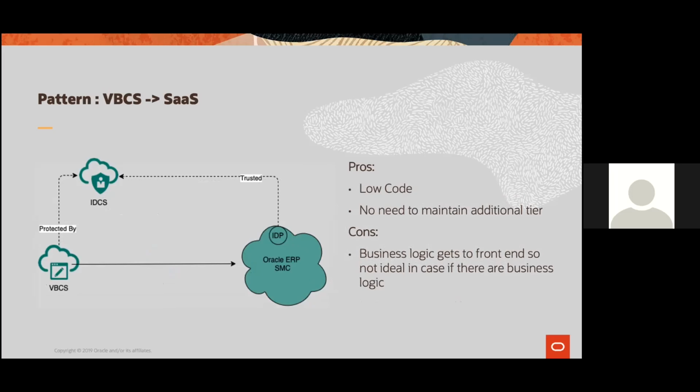The second pattern is VBCS calling SaaS directly. This is again low code. You don't need to maintain a middle tier. You can have VBCS call the Fusion APIs directly. But the problem with this approach is the business logic gets in the front end, so your VBCS JavaScript becomes very, very heavy. It's not ideal in cases where you have a lot of business logic.